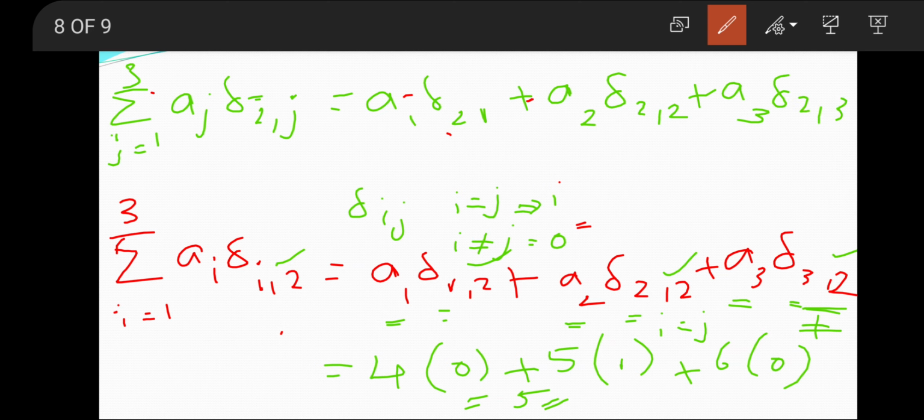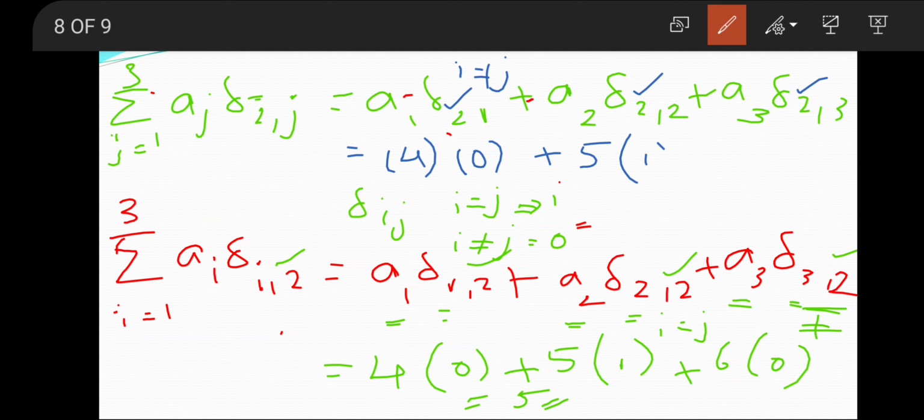Therefore the i value we kept constant and the j values were changeable. Now substituting, 4 into delta 2 comma 1, i not equal to j, therefore it becomes 0, plus a2 value 5 into delta 2 comma 2, i equal to j, therefore the value becomes 1, plus a3 value is 6 and 2 is not equal to 3, therefore it becomes 0. So the resultant becomes 5.